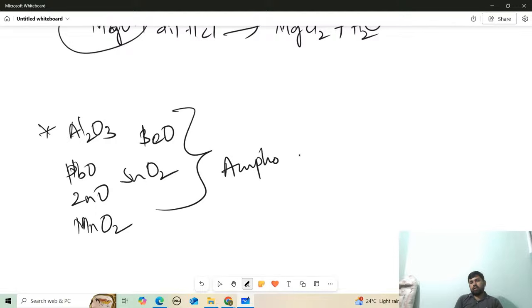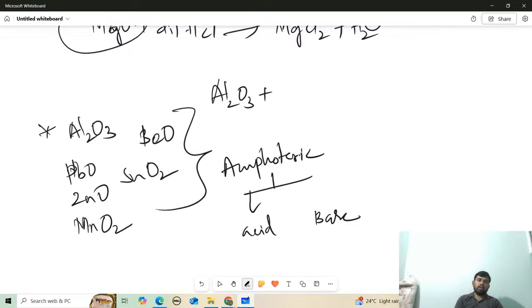Remember, amphoteric means they act like both acid as well as base. For example, if I take Al2O3 and react with HCl, it forms AlCl3 plus H2O. In this process it acts as a base.